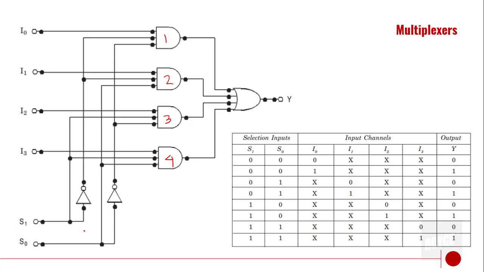E paano pag 1, 0 naman? 1, 0. So, 0 si 4, tsaka 2, disable na yan. Disable din si ito. Kung ito ay 1, 0. So, disable din si 1. Disable si 4, tsaka si 2. So, ang lalabas ay si 3. Tama? O, paano naman pag 1, 1?